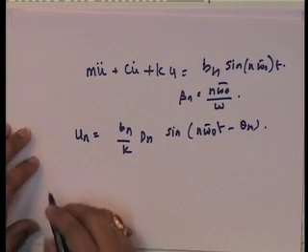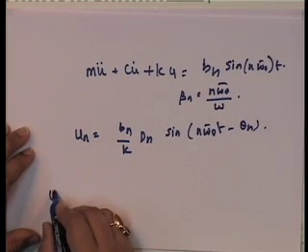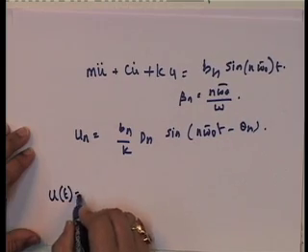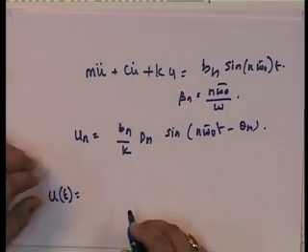So, now what is my u of t equal to? It is basically a summation of these loads.